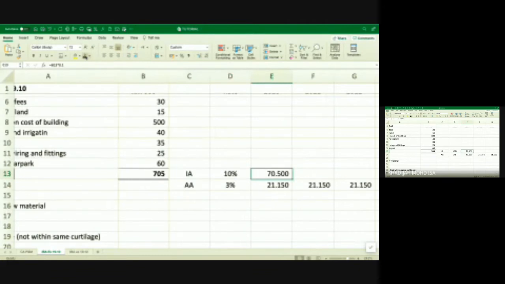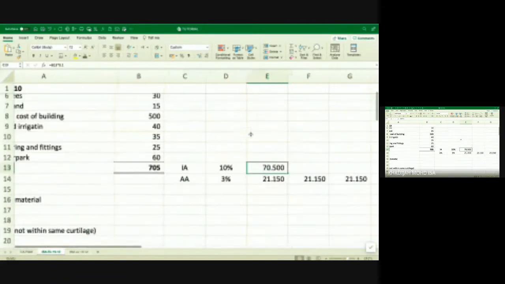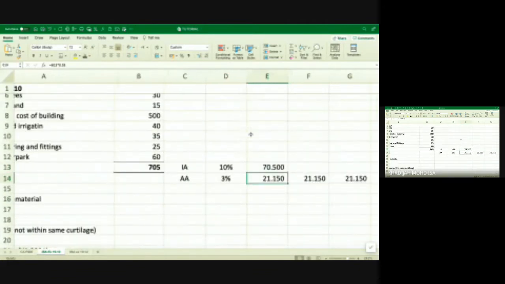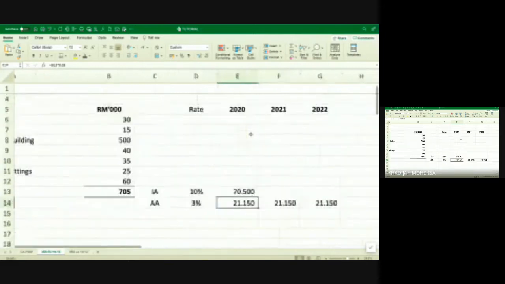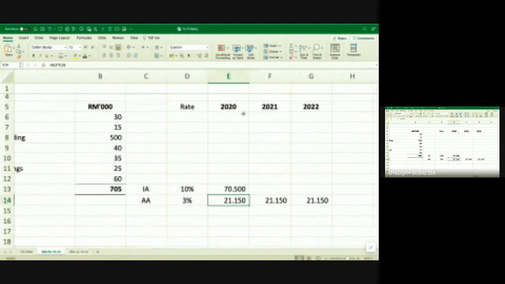For YA 2020, IA is 70.5 and AA at 3% is 21.15 thousand. The question only asks for YA 2020, but I show you 2021 and 2022 as well, to show you the AA that we claim every year.